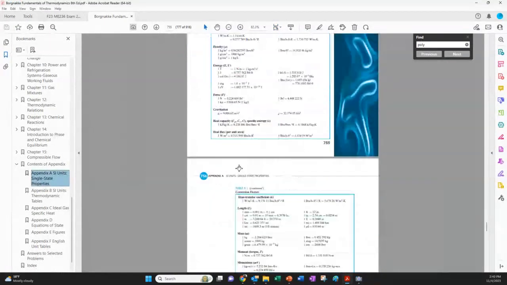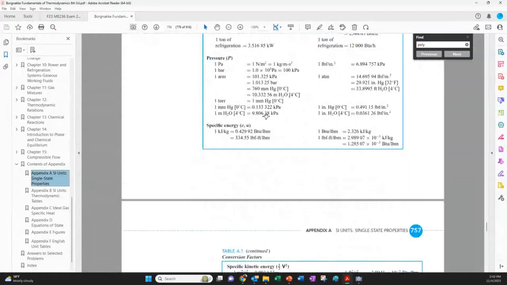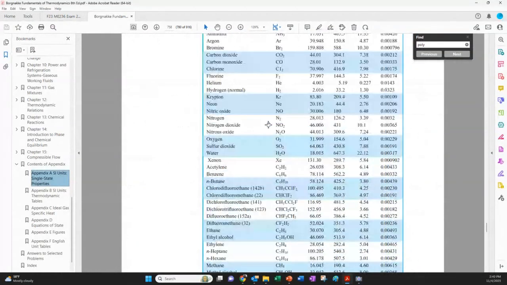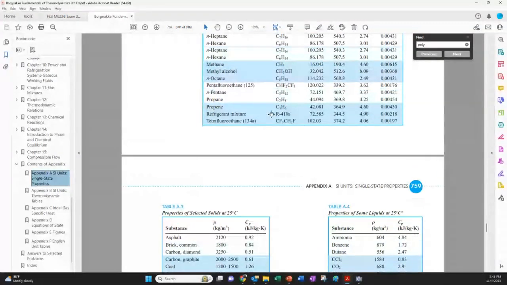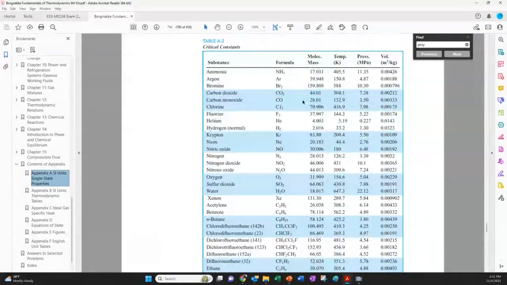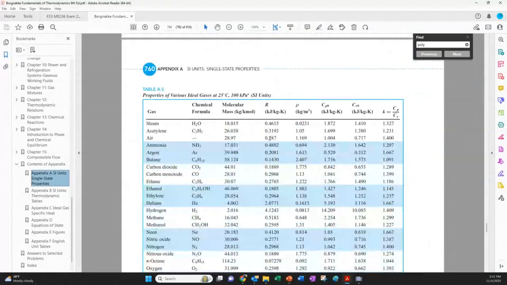All right, so first we'll get the critical constants. We want this. All right, so for air, R is 0.287.